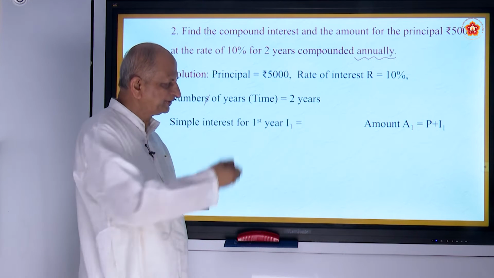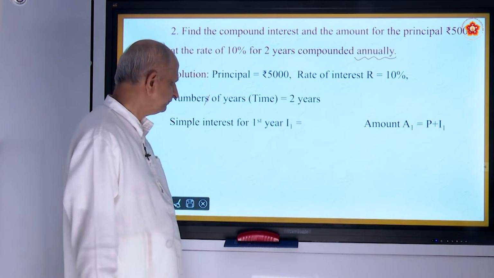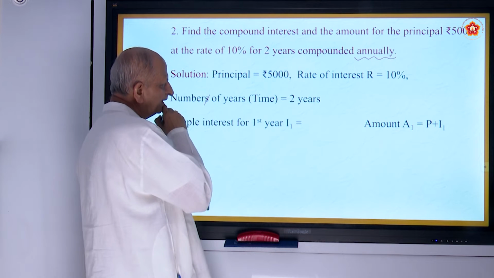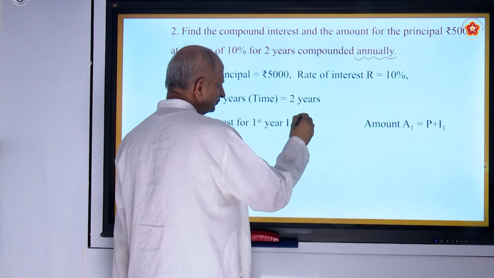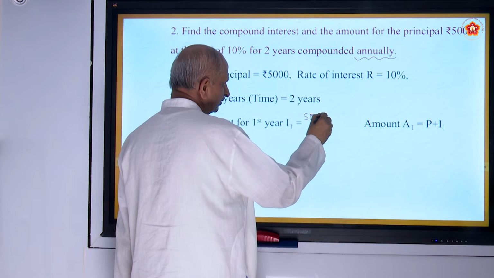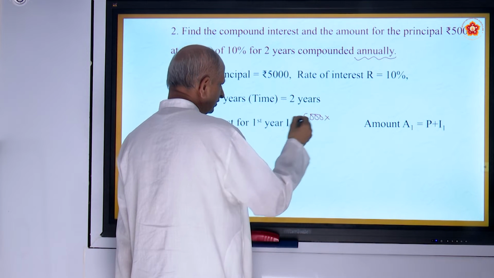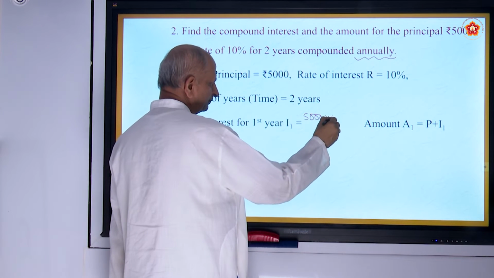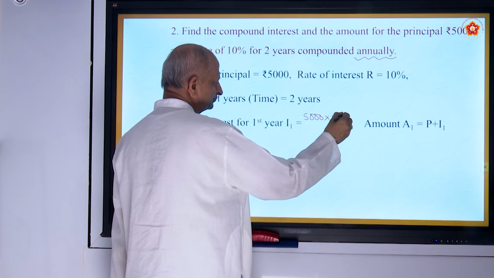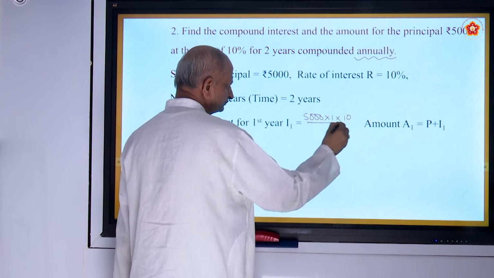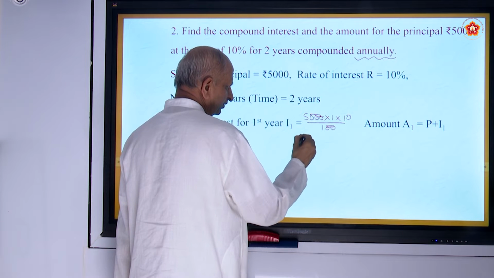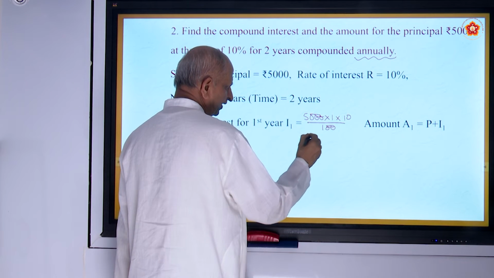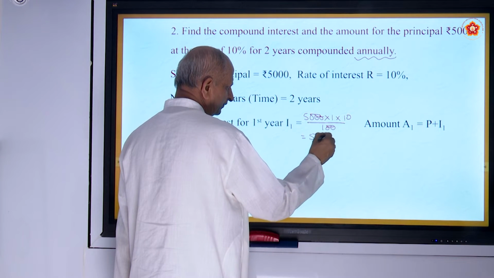You can do it with the simple interest type. So, here the formula is PTR by 100. What is P here? 5,000. What is T? We are taking the first year, so 1, into R, 10%, by 100.